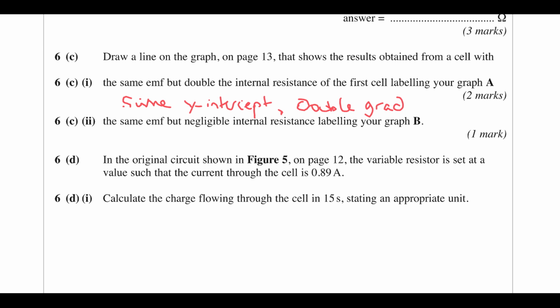Gradient on your graph. I can't show you because my program is not sophisticated enough to show you that. Sorry about that. Same EMF, but negligible internal resistance. So what we're going to have here is the same intercept again because it's got the same EMF.